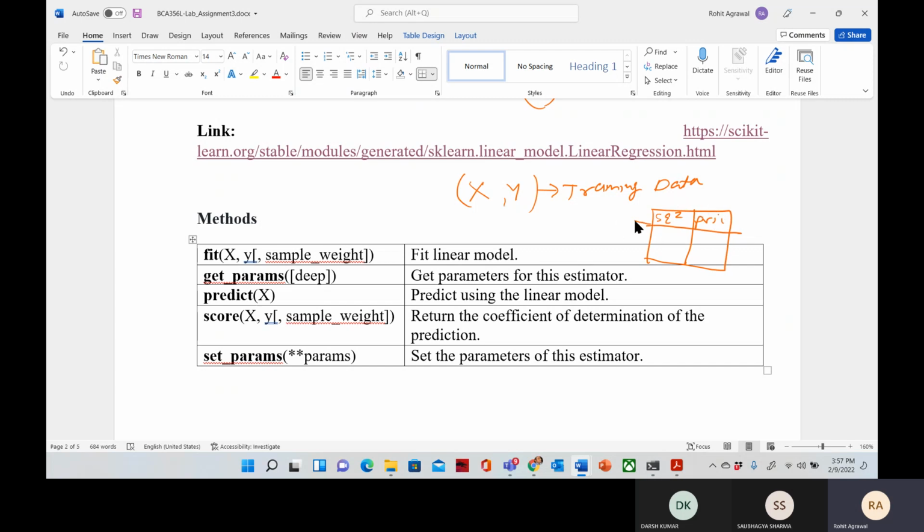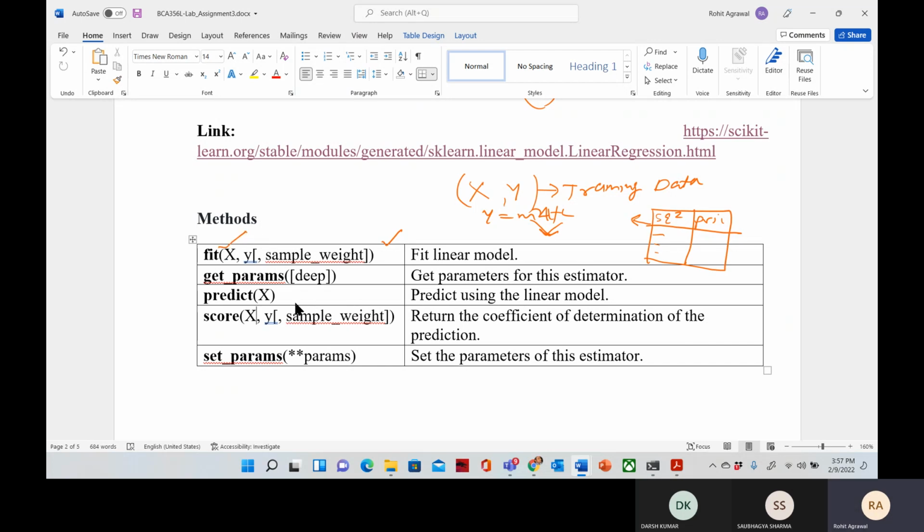Using this data we will fit our model. Fit our model means mx plus c, and obtaining m and c is called fitting our model on the given x and y values. Clear? So we will use x and y values to fit our model. So this method will be used.